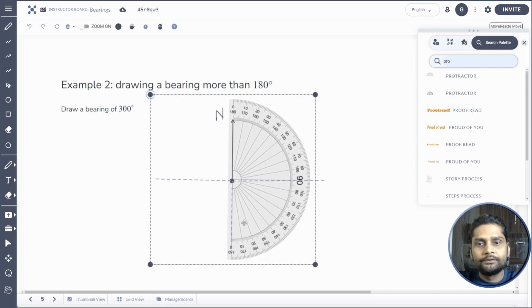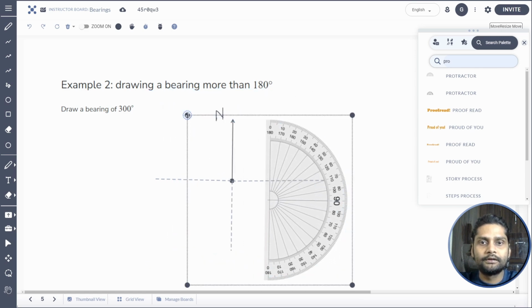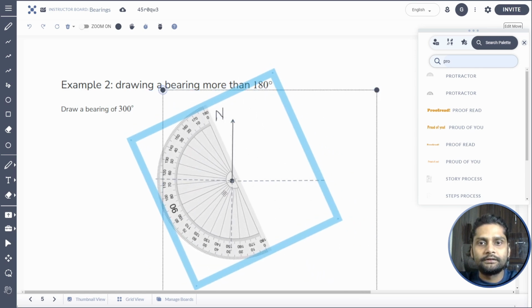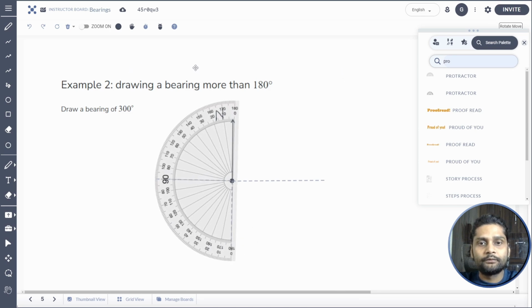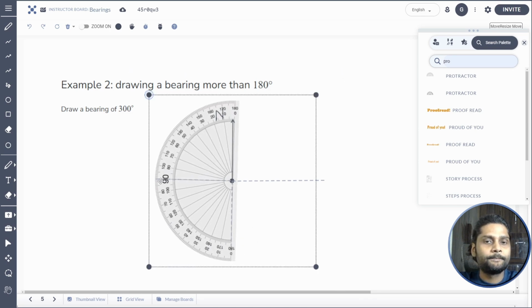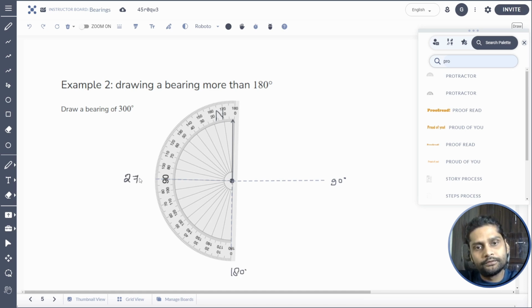And now you know that's 180 degrees, just the opposite side. If I further move it like this, that's already 180 degrees, and 180 plus 90 is 270. We want 300. So this is already 270 degrees, because 90 plus 90 plus 90 is 270.